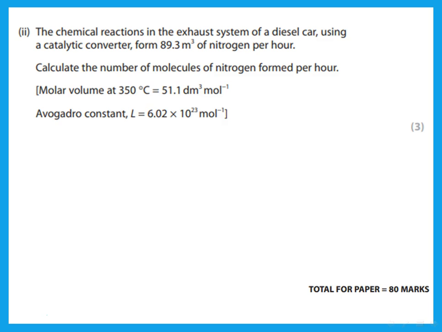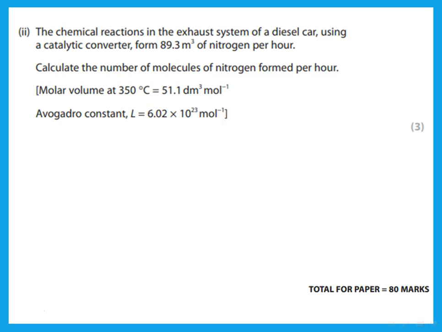This is the last part of the exam. The chemical reactions in the exhaust system of a diesel car using a catalytic converter form 89.3 meter cubed of nitrogen per hour. Calculate the number of molecules. Remember, the number of molecules has to do with Avogadro's number.